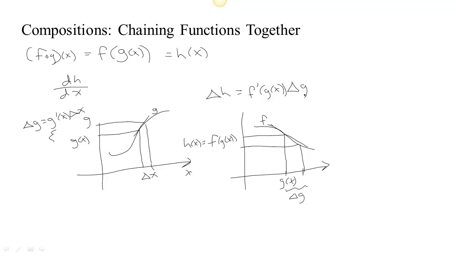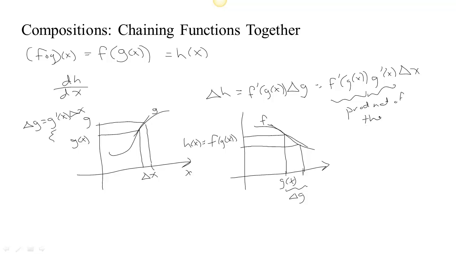So there's the change in the input to f times the slope of f gives the change in the output h, but delta g is actually g prime of x delta x. So what happened, to get the derivative of a composition, basically we took the derivative of the two functions and multiplied them together. The derivative of the composition is the product of the derivatives.